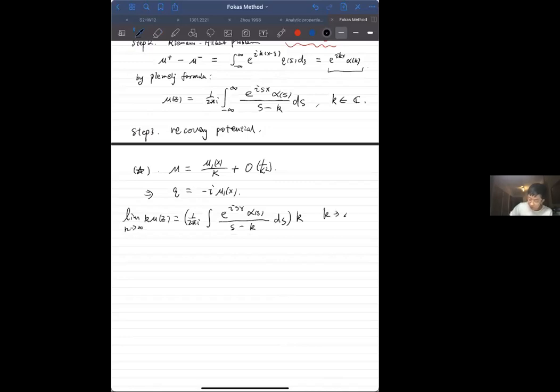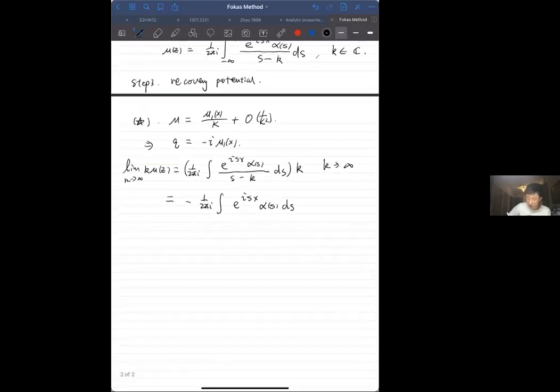This gives you minus 1 over 2 pi i, the integral of e to the i s x alpha s ds.